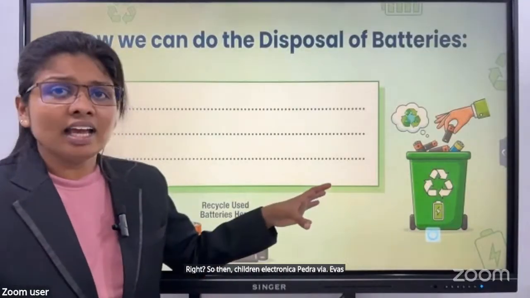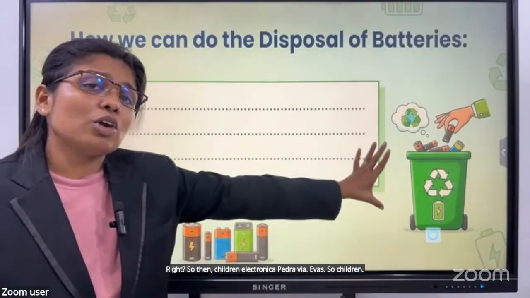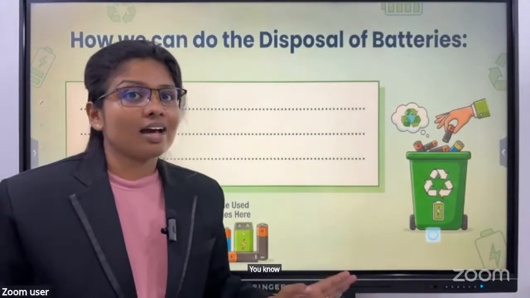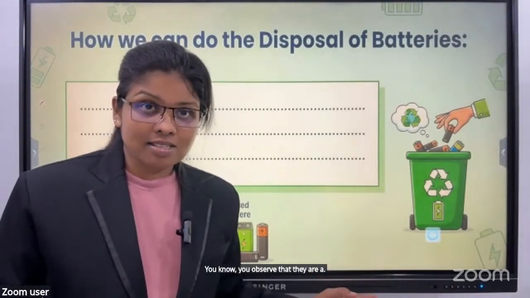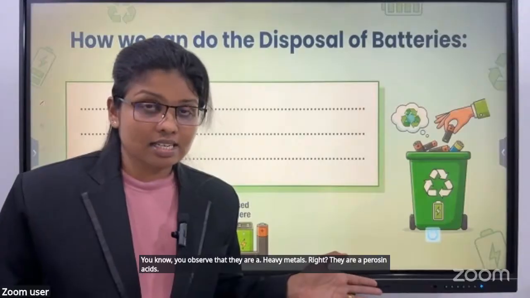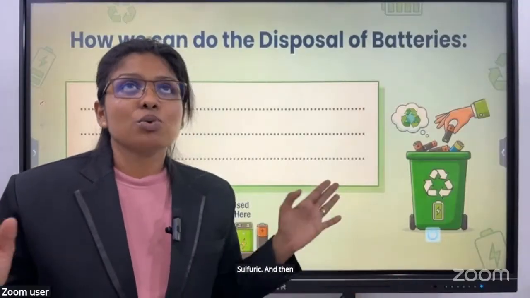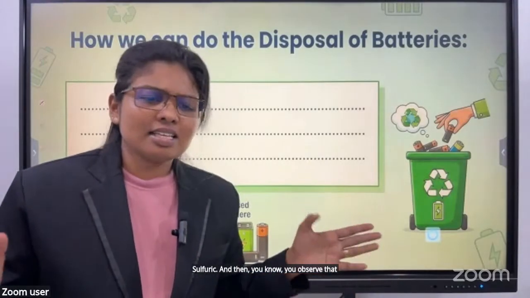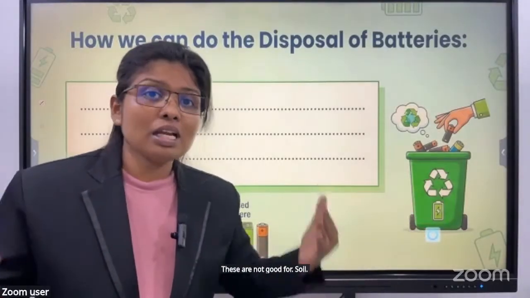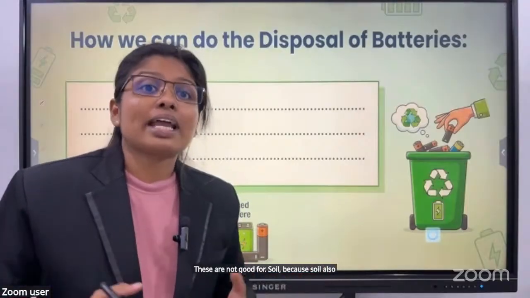So children, why are these not good to release out? You observe that there are heavy metals, right? There are corrosive acids, sulfuric acid, and then you observe that lead. These are not good for soil because soil also has a lot of organisms.